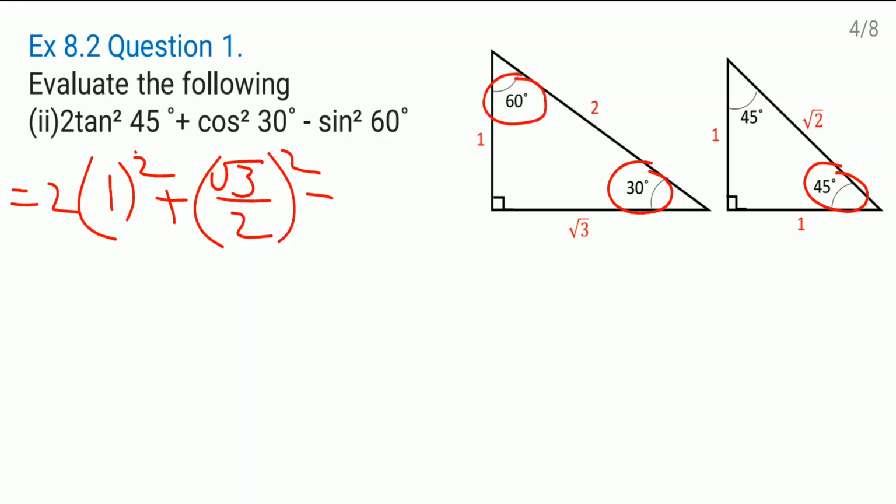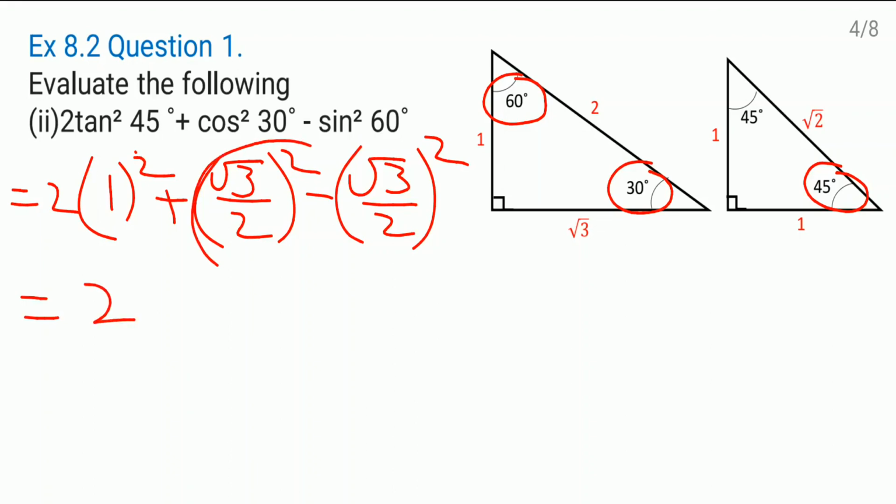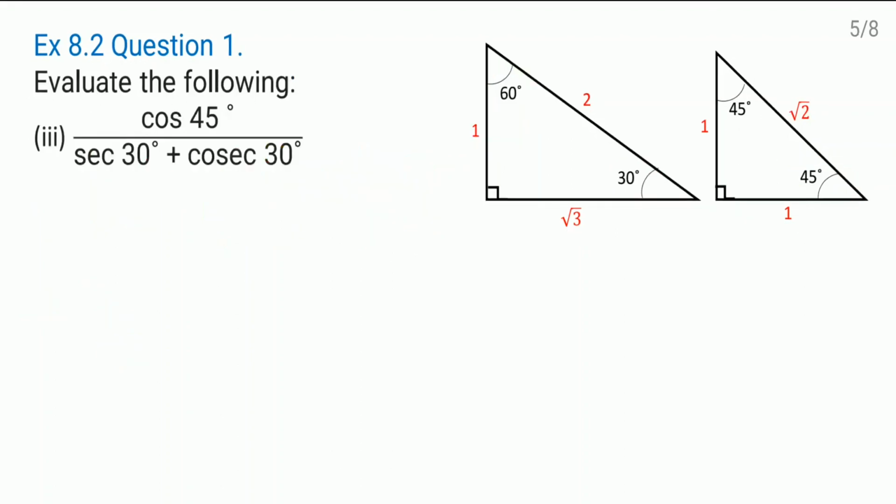Sine 60 means root 3 by 2 once again. Root 3 by 2 in the bracket square, which is equal to, here 2 into 1 square is 2. Now this one root 3 by 2, this value and this value is same. Only the signs are different. So easily we can cancel them and our answer comes as 2. Very simple. Come to the next one.